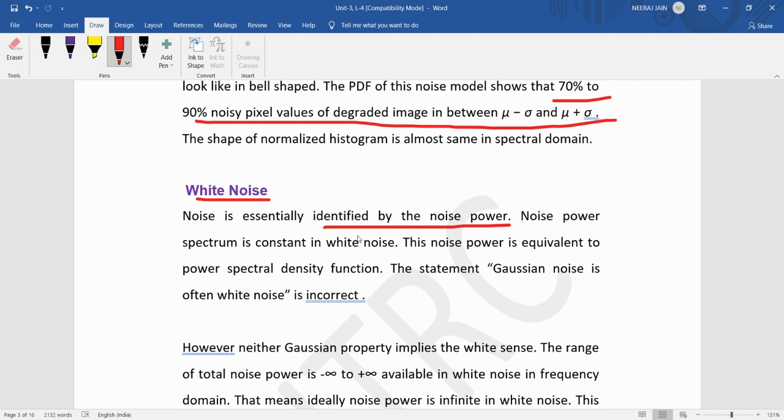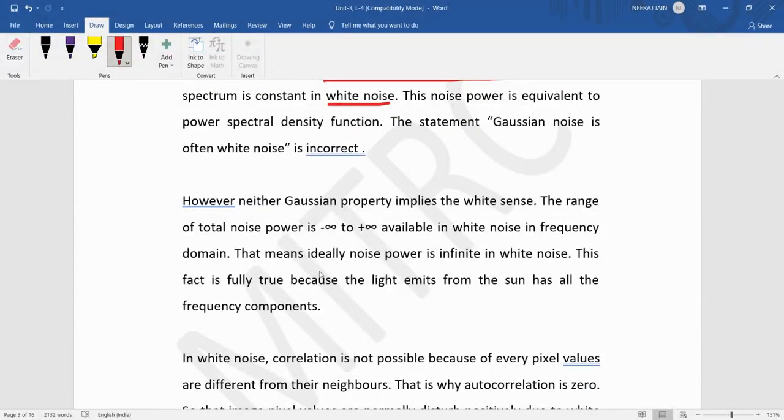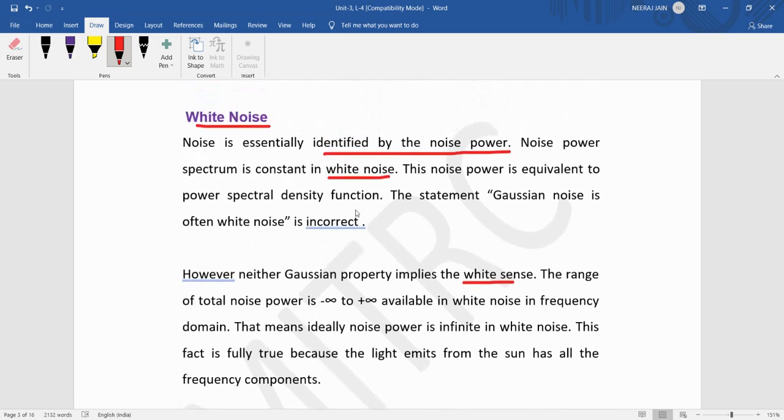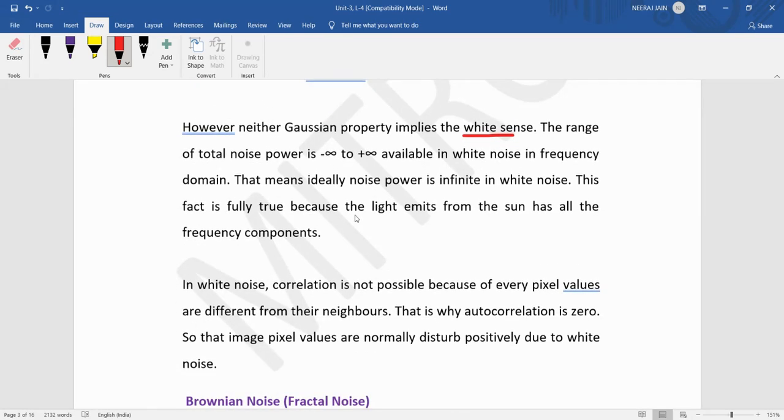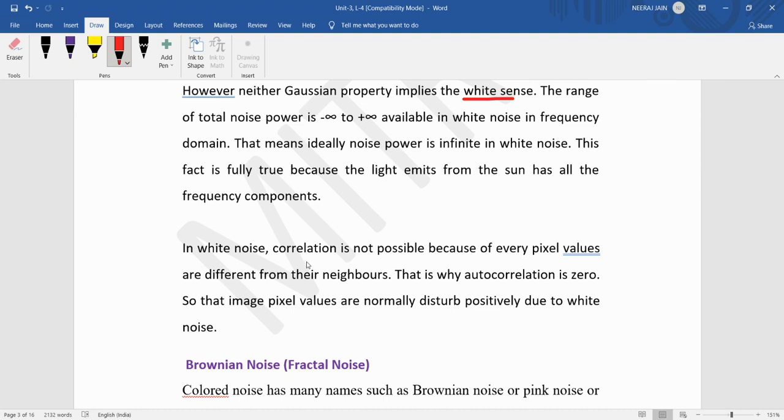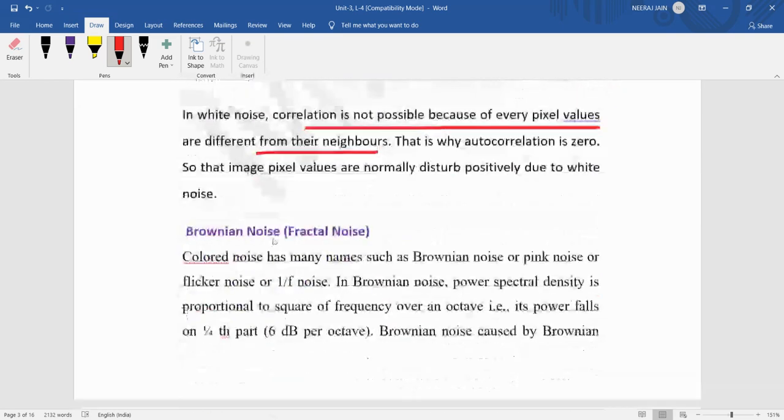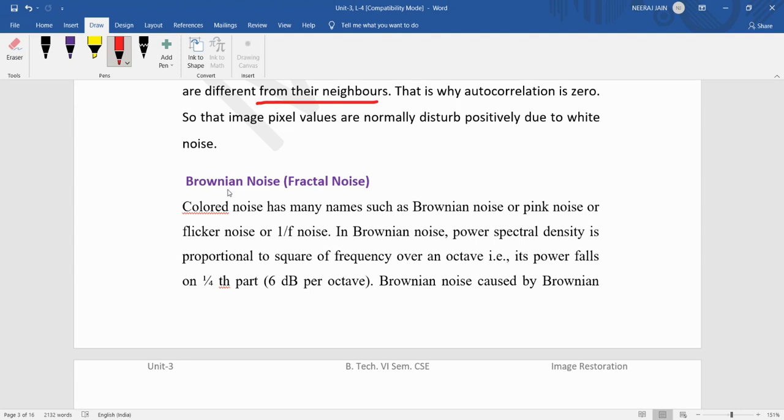The noise power spectrum is constant in white noise generally. It is not Gaussian noise. However, the Gaussian property implies white noise, but we cannot say that Gaussian noise and white noise are the same. Correlation is not possible because every pixel value is different from its neighbors. In this noise, correlation is not possible.